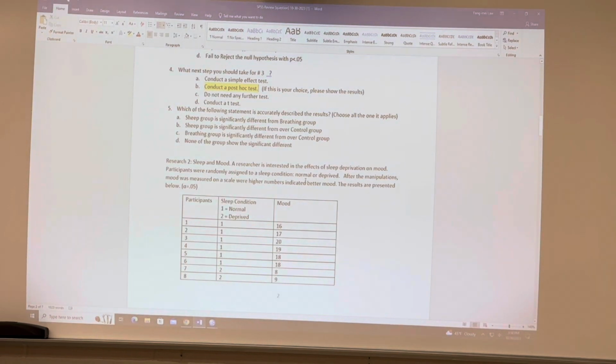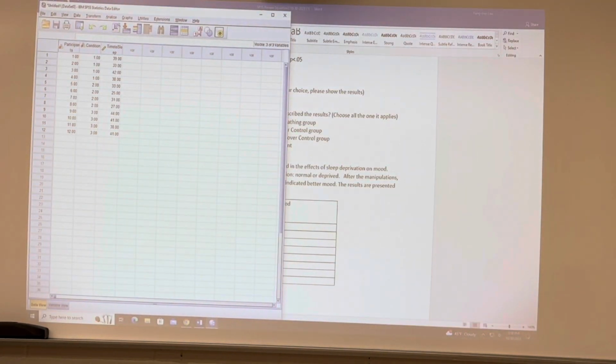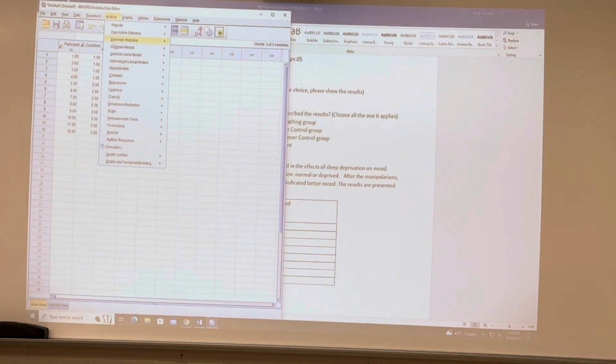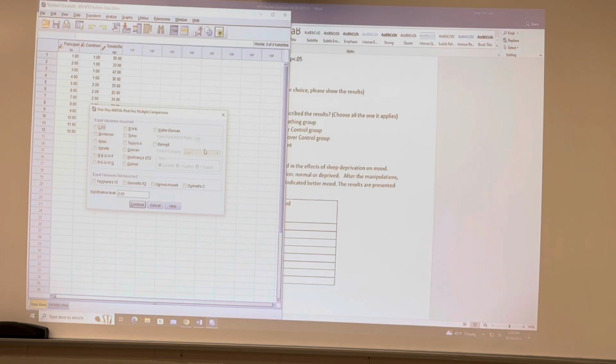Okay, so let's go back. Analyze, Compare Means, One-Way ANOVA, and then you choose Post Hoc, and you choose Tukey.